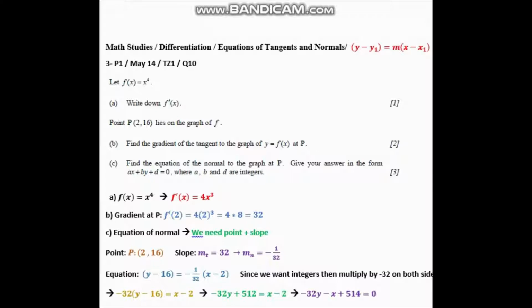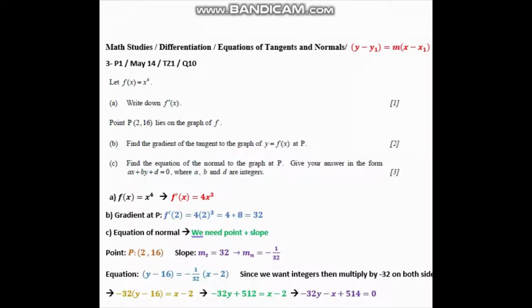So now that I have obtained the slope and the point, again I substitute into this formula right there, and I get y minus 16 equals negative 1 over 32 times (x minus 2), using this slope and this x value and this y value. Now, the issue with this question is that it did not just ask you to find the equation of the normal and that's it.